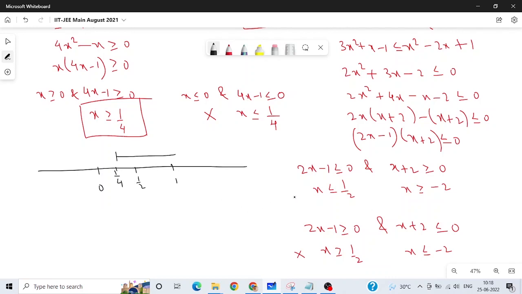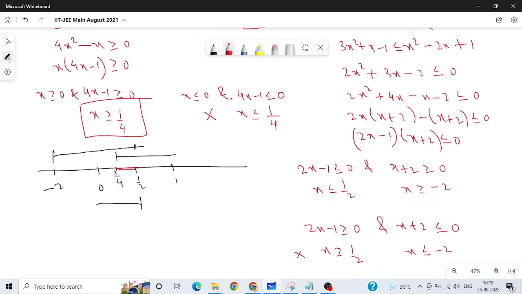Now from this equation we get that x is less than or equal to 1/2 and x is greater than or equal to −2. So from −2 to 1/2. Now all those x which satisfy all these conditions are 1/4 to 1/2.